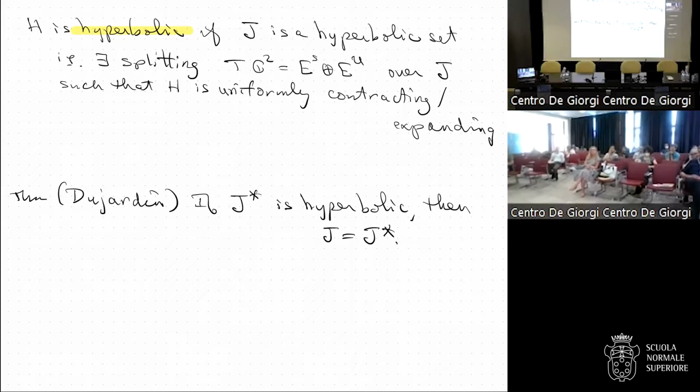If you require that your mapping is just hyperbolic on J star, then automatically you can conclude that it's hyperbolic on J, and J is equal to J star. So it sounds like he's tightening up the definition of hyperbolic somehow, but in fact, this is a more non-trivial theorem than you may think.